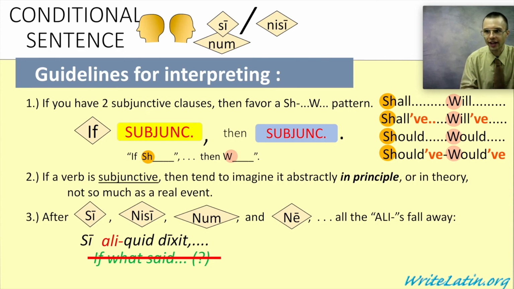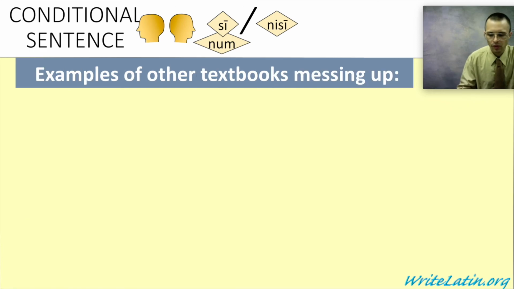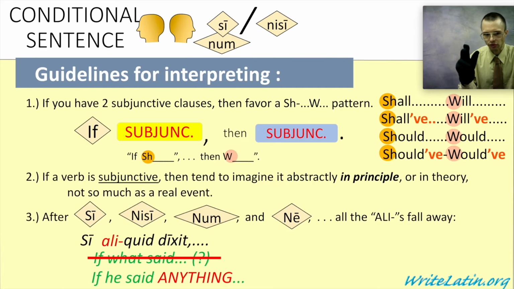And so really now, suddenly it makes sense. Aliquid means anything. So if anything he said, oh, bingo, we've got it. So remember these three rules. Should, would, when you have two subjunctives, vagueness, and alleys slipping in after the conjunction.